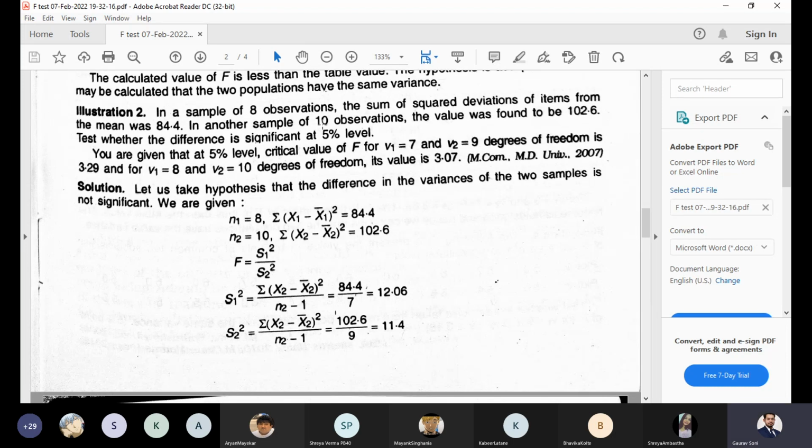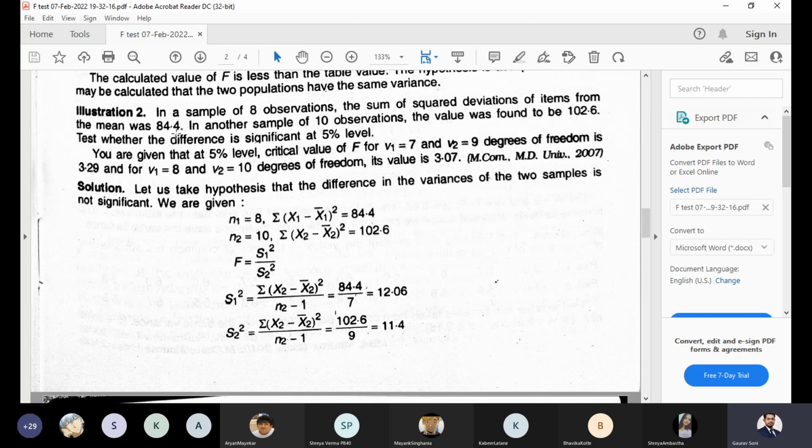Similarly, the next example: in a sample of 8 observations, the sum of squared deviation of items from the mean was 84.4. So which value is given? Sum of (x1 minus x bar) square is given.